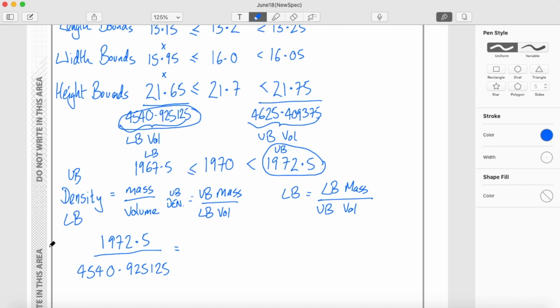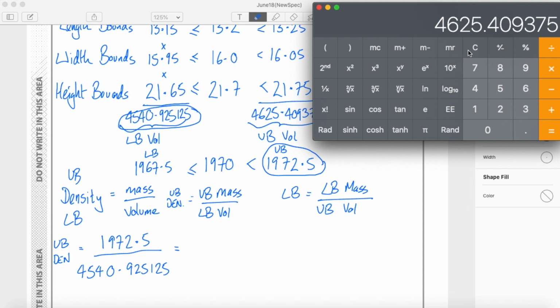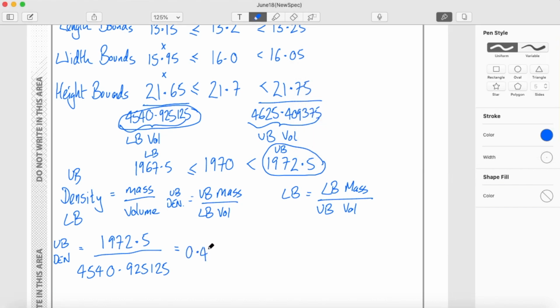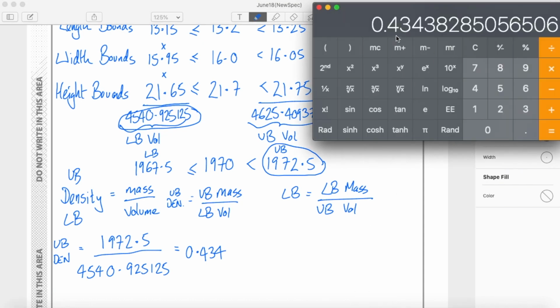I'll just label this to make it clear for the examiner. 1972.5 divided by 4540.925125 gives 0.43438. I'm going to take it here. That gives me a nice lot of numbers and it rounds nicely.